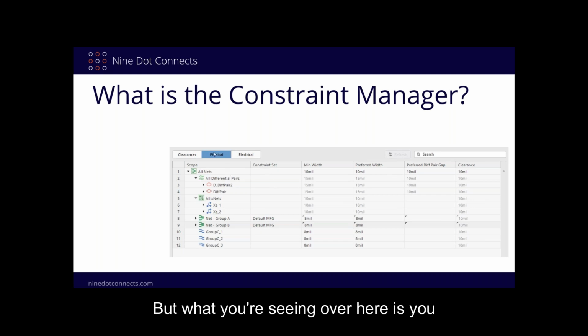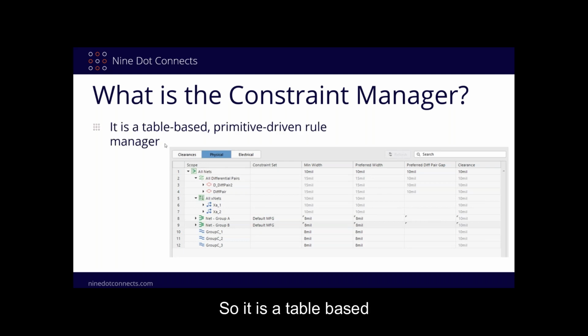What you're seeing here is that you list all the primitives, and then on each of the columns are the rules. So it is a table-based, primitive-driven rule manager. Now, in its current form, it's strictly for the nets. It's not for components just yet. They're working on that, and we'll talk about it on a later slide. But that's the idea behind it. You have your primitives listed. Your second column is your constraint sets, which we'll talk about.